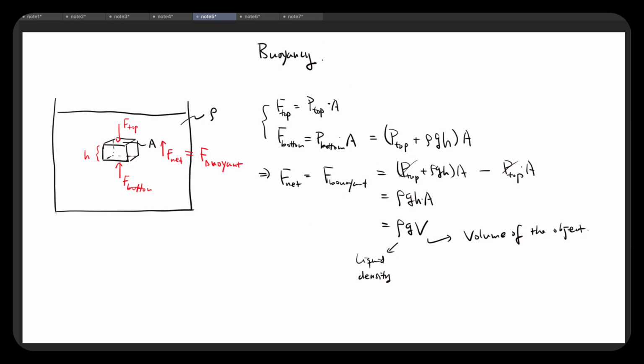Now with this buoyant force, think about what the condition is for an object to float or to sink. So let me single out this object here, and simply draw a free body diagram using the F buoyant and gravity in the downward direction.